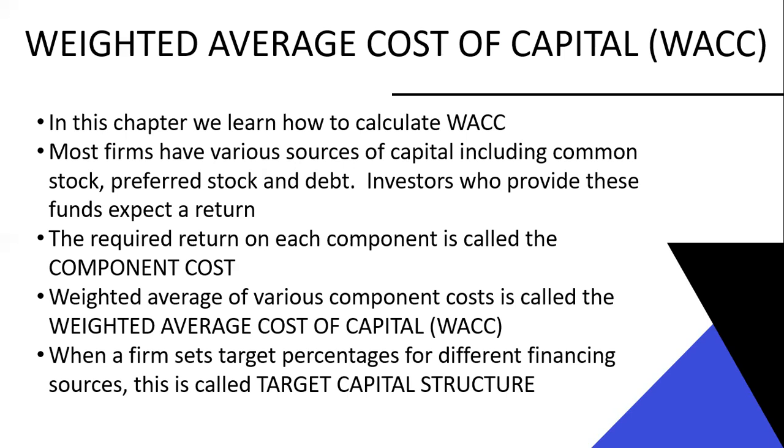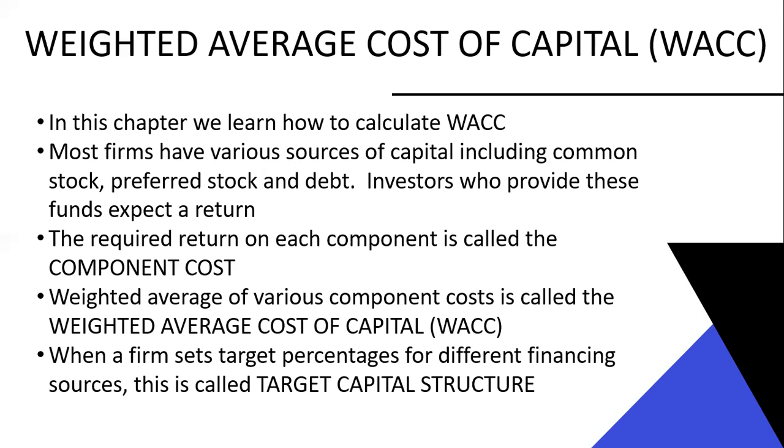Now, when you take a weighted average of the various component costs, that will give you the weighted average cost of capital. So in effect, what you are trying to understand is the cost of capital for a company, the cost of the money they are taking to run the company or to run projects.